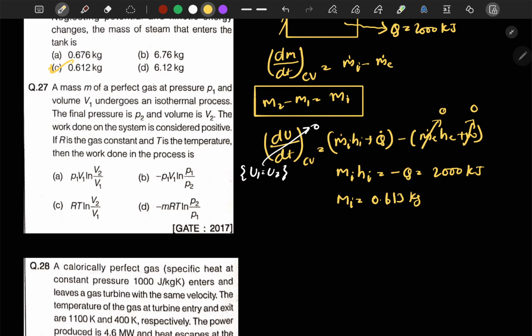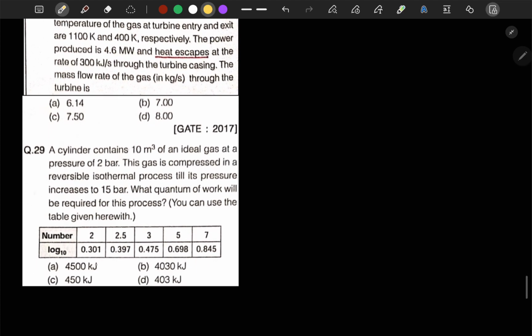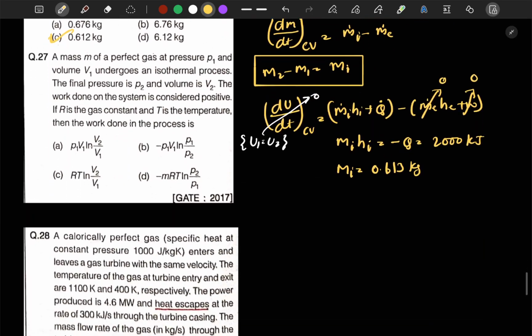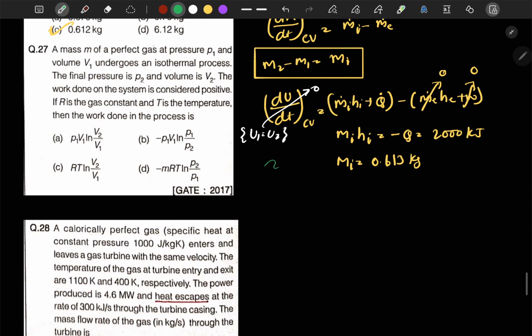Next, let's solve question number 27. A mass m of a perfect gas at pressure P1 and volume V1 undergoes an isothermal process. The final pressure P2, V2. The work done on the system is considered positive. If R is the gas constant and T is the temperature, then the work done is?